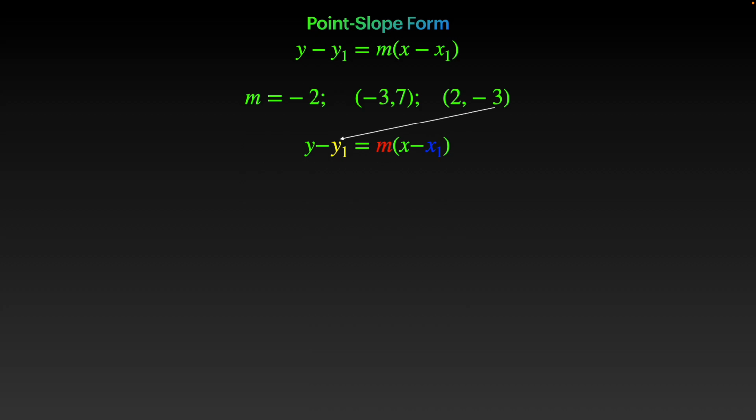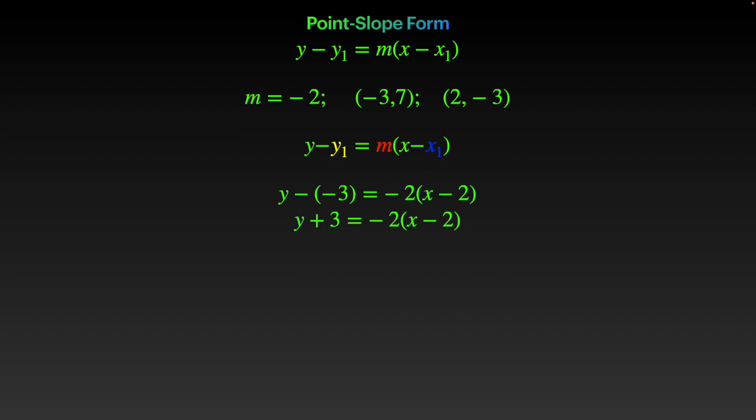So that's how we need to plug it in. Here it is. Now on the left hand side, we have y minus -3. This will simplify to +3, so we have y plus 3. And we leave the right hand side as is, and this is our point slope form.